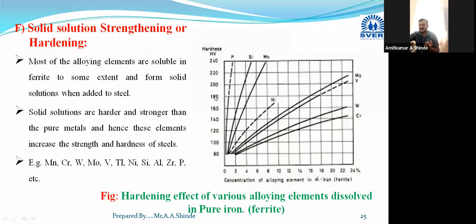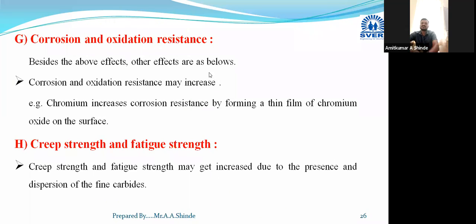Here on the y-axis hardness is plotted, and on the x-axis the concentration of alloying elements in the ferrite is plotted. So phosphorus, silicon and manganese are the most effective elements. With their small amount, the strength and hardness of steel will increase by a larger amount. Then some generalized effects are there after this solid solution strengthening.